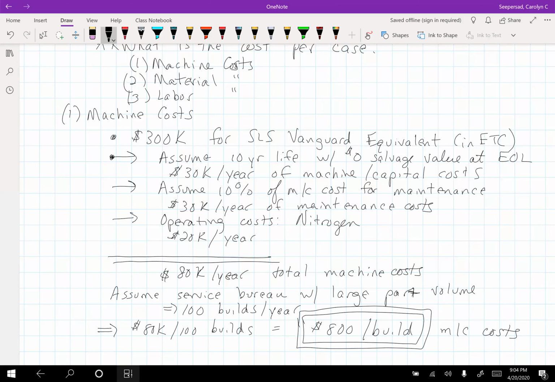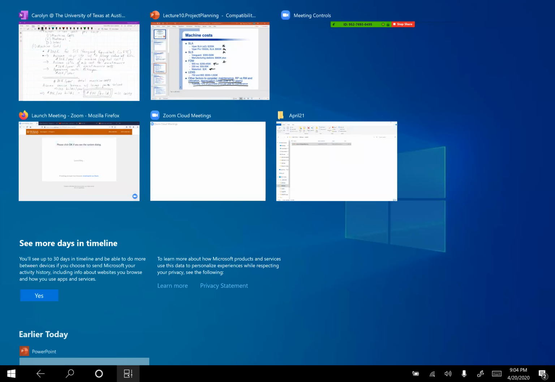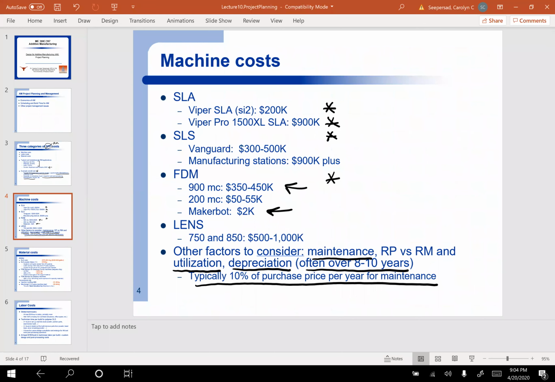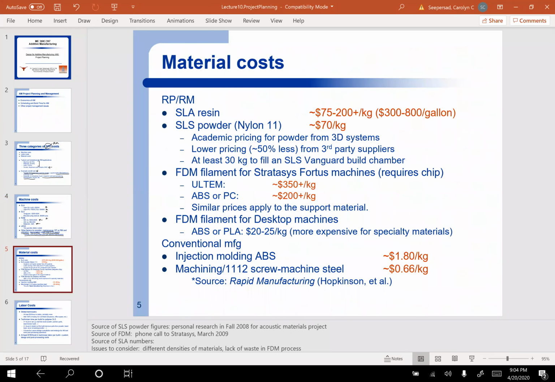Okay. All right. So the next thing we want to think about is material costs. And so let's take a look here. These are some of the costs associated with different types of materials.